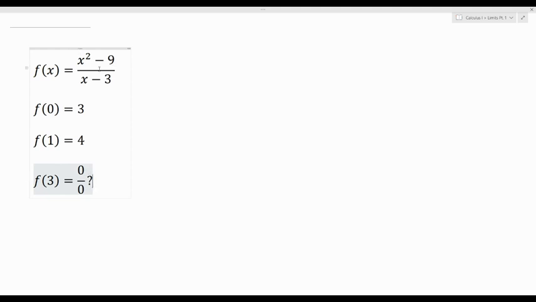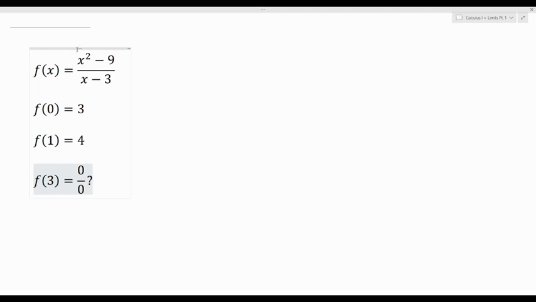When you learn rational functions and graphing them in pre-calculus, you might have seen an example like this as an exception to the rule. Even though the denominator of f of x is 0, we'll learn later that x equals 3 is not a vertical asymptote, and we'll help understand why. But right now, what we want to do with this example is think about how we would figure out what f of 3 is.